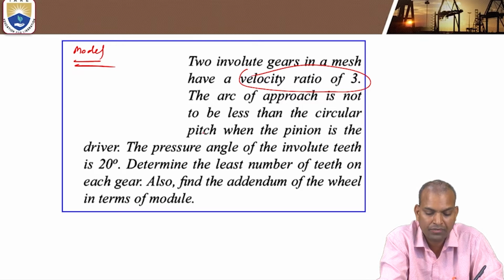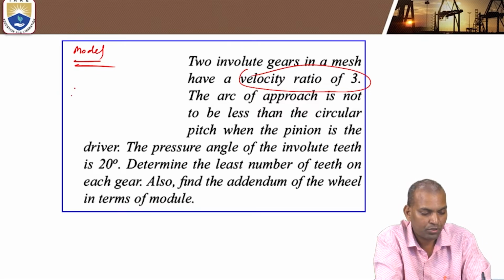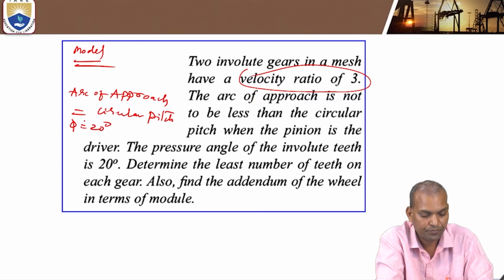That means the arc of approach is equal to circular pitch when the pinion is the driver. That is the meaning here. Arc of approach equal to circular pitch. The pressure angle of the involute teeth is 20 degrees. That is phi equal to 20 degrees.